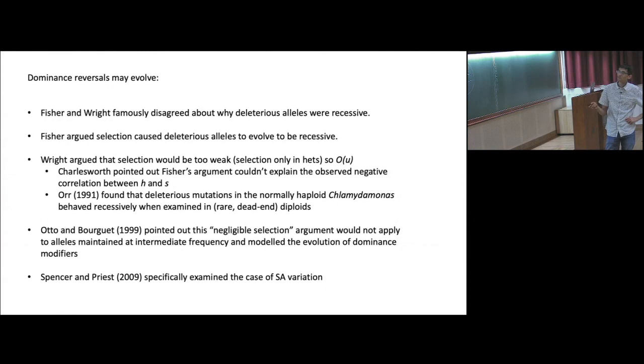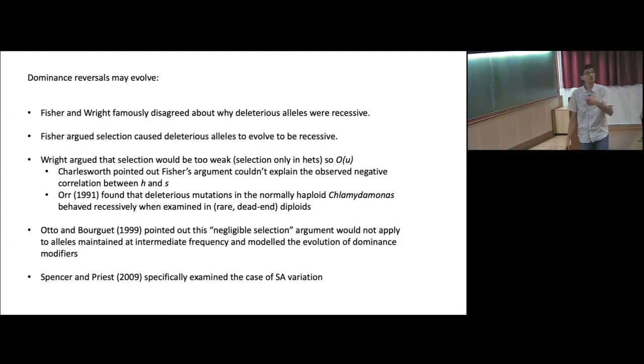I guess 20 years ago now, Saliato and Denis Bourget pointed out that that negligible selection argument wouldn't apply to alleles that were maintained at intermediate frequency, right? Because then selection would be seeing heterozygotes a lot of the time, and there would be much more opportunity for the evolution of dominance.